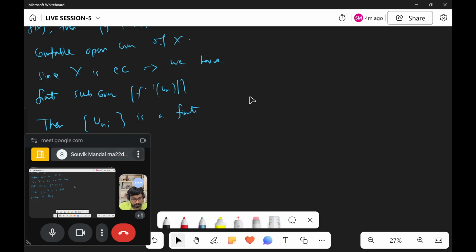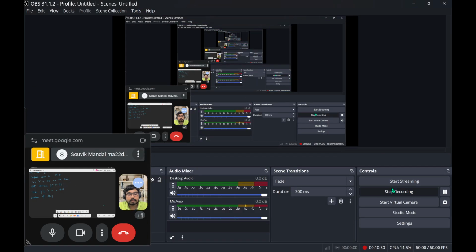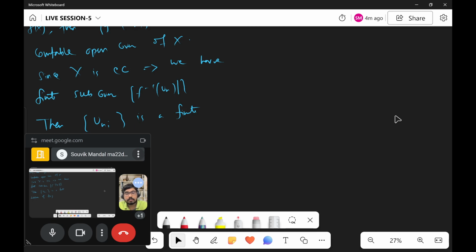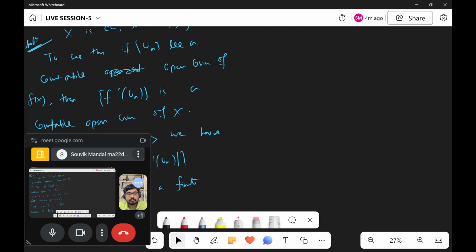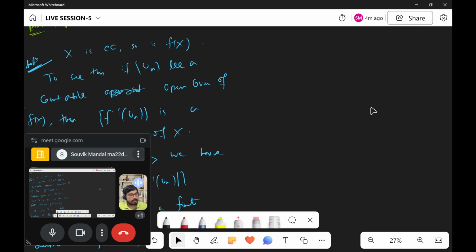Okay. So basically, what this tells is that, since X is countably compact, so is f of X, and it is quite obvious because the image of a compact set works the same way.